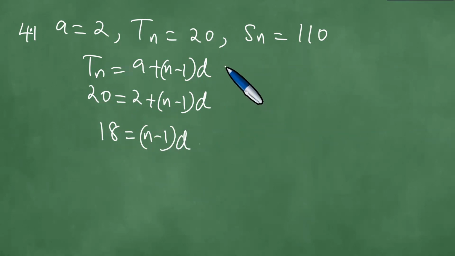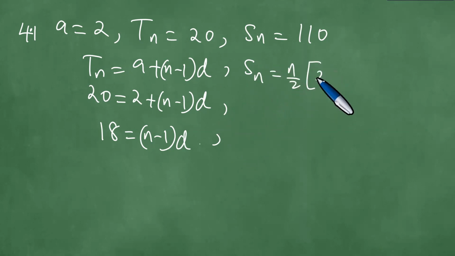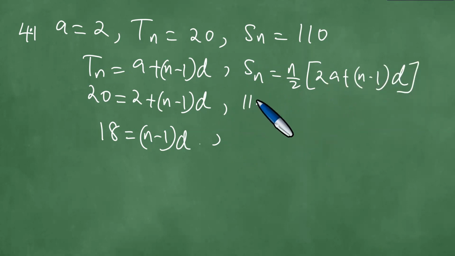Simultaneously, the student is going to explore the other summation formula, meaning the student knows something. What does the student know? The student knows that Sn is n over 2 into twice a plus n minus 1 into the common difference, 110, which is n over 2 into twice a plus 18.